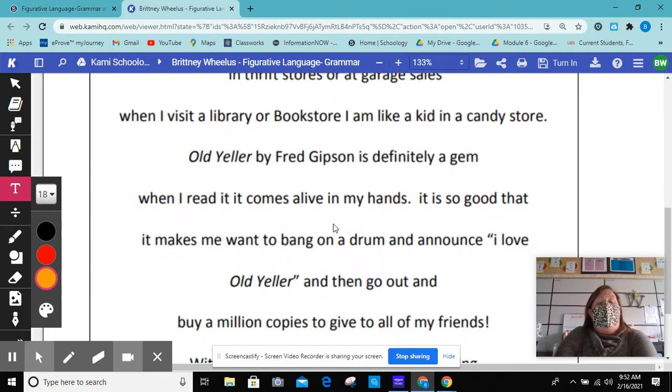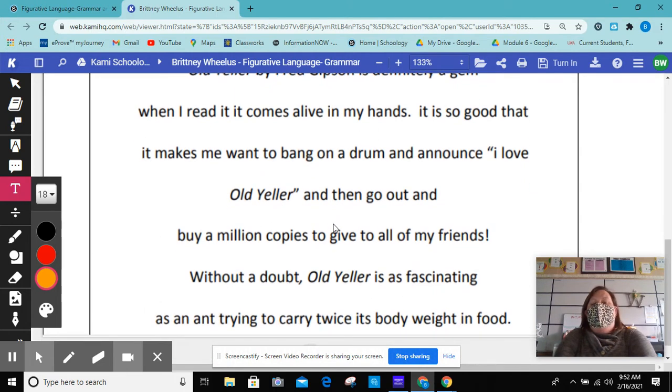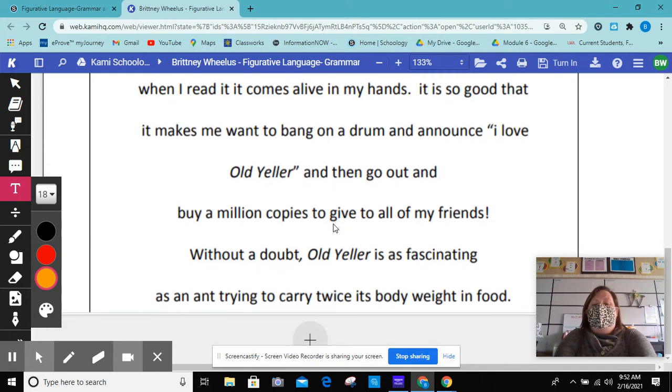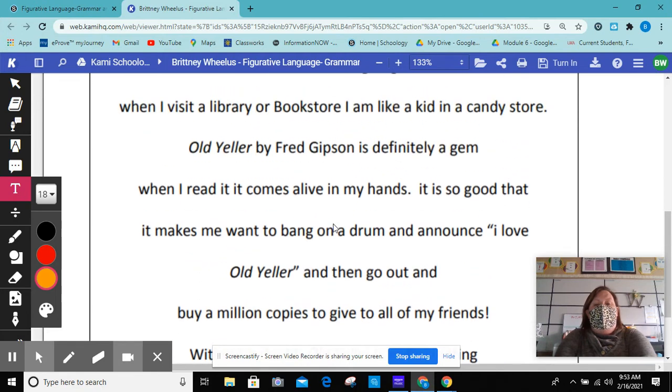It is so good that it makes me want to bang on a drum and announce, I love Old Yeller, and then go out and buy 1,000,000 copies to give to all of my friends. Without a doubt, Old Yeller is as fascinating as an ant trying to carry twice its body weight in food.